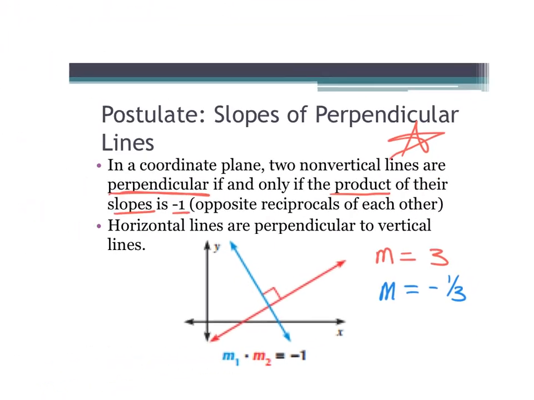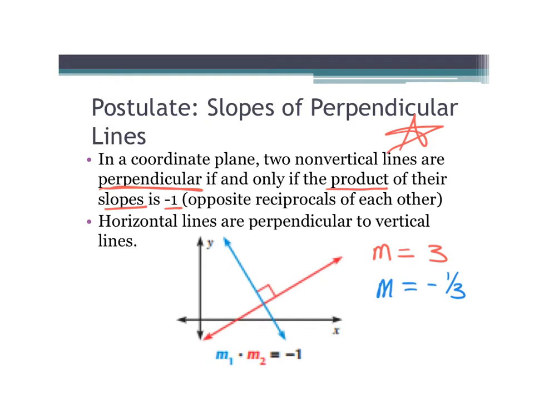I can tell just by looking at those numbers, no picture, nothing, whether they are perpendicular or not, because I could multiply those two things together. Now watch this. I'll go 3 times -1/3. If I were to multiply those together, 3 goes into 3 one time, 3 goes into 3 one time. This is going to equal -1.